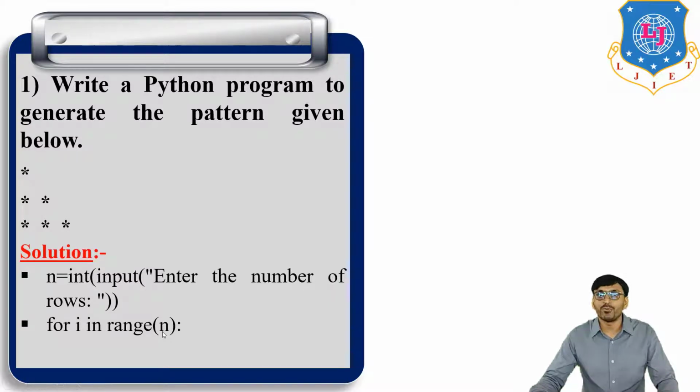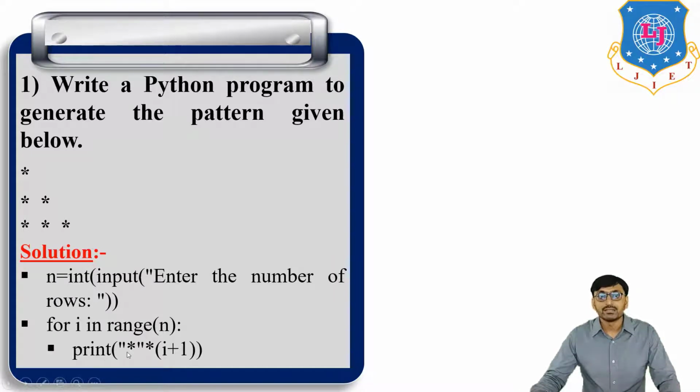That is one type of loop, and range(n) means starting from 0 up to n. For example, if n is equal to 5, then i is equal to 0, 1, 2, 3, 4, but 5 is not included.